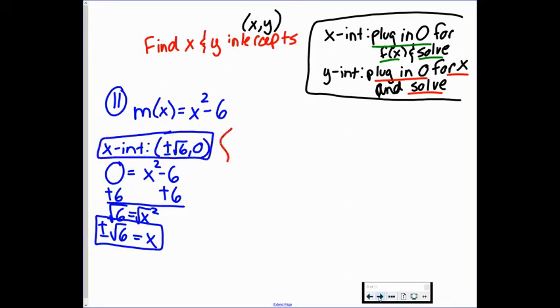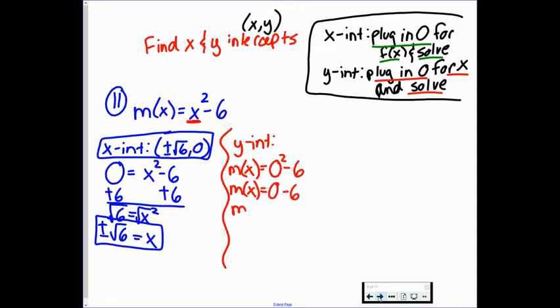All right, now let's go get the y-intercept. The y-intercept is found by plugging 0 in for the x and solving. 0 squared is still 0. Minus 6 is negative 6.